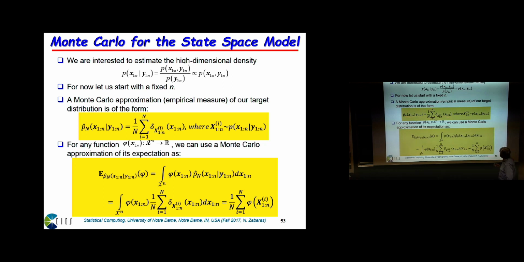The notation is very important. So how many samples do I have here at each time, I mean at time n? When you do this Monte Carlo estimate, you have all these delta functions, and each of these delta functions is in what space? How many variables? N, all right? So remember, i goes from 1 to N, but for each i I have states from 1 to n.